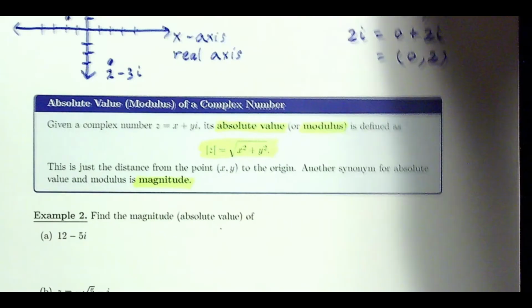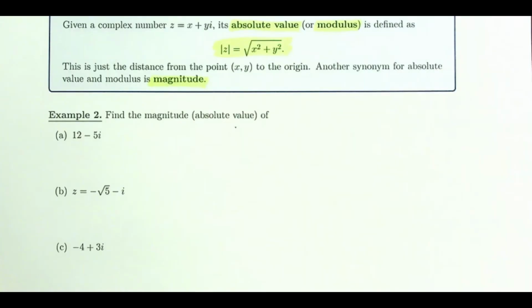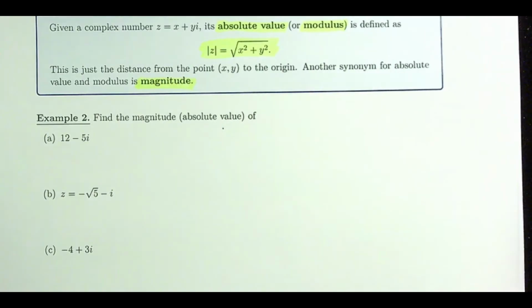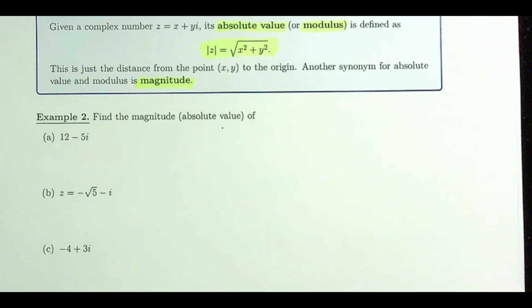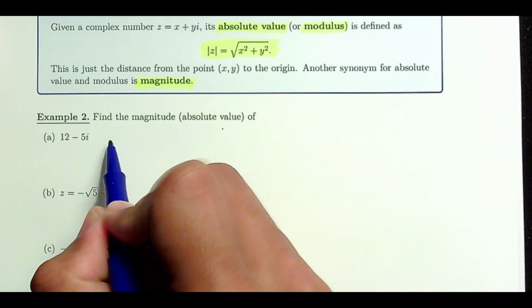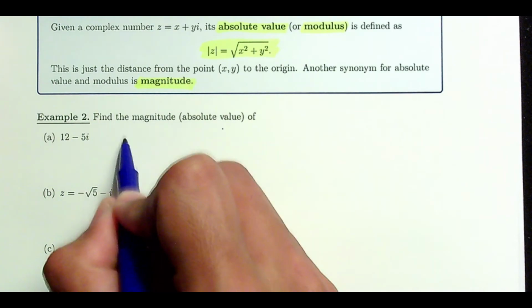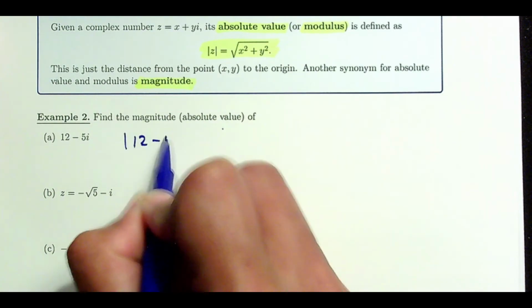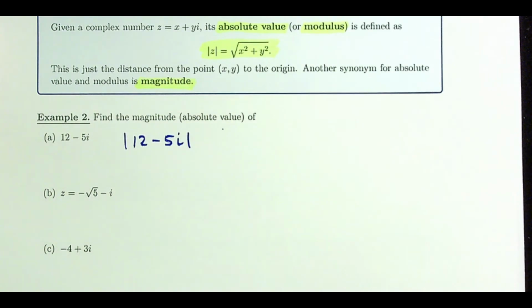And it is really easy to find. So let's do 3 examples. I'll do the first one, and you should probably stop the video and try to do B and C before we go over it. So the first one, what is the absolute value of 12 minus 5i?